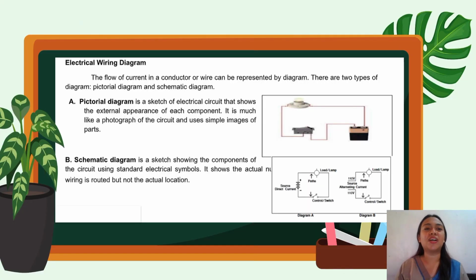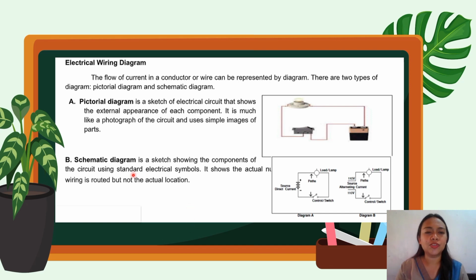Now, let's move on to identify the different electrical wiring diagram. So, dito sa electrical wiring diagram, we have two. Okay, we have two types. The first one is the pictorial diagram. So, this is the pictorial diagram. Okay.